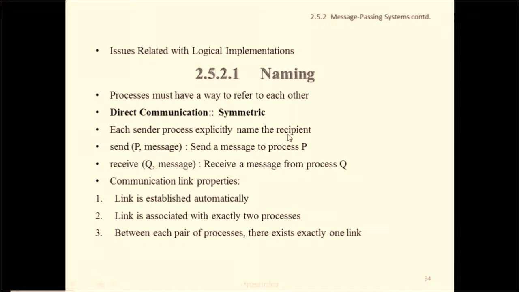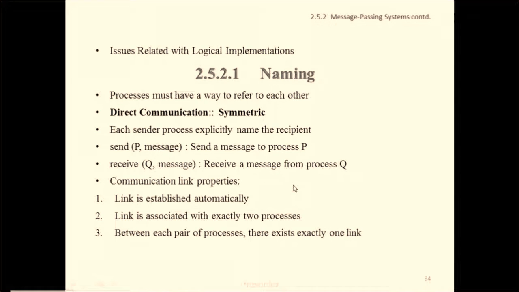For example, the send will say, send this message to process P. Recipient is explicitly mentioned here, direct communication, and this is symmetric communication. Also is receive. It says that receive a message from process Q. So who is supposed to send, whom to send, from whom to receive, explicitly mentioned in send and receive.